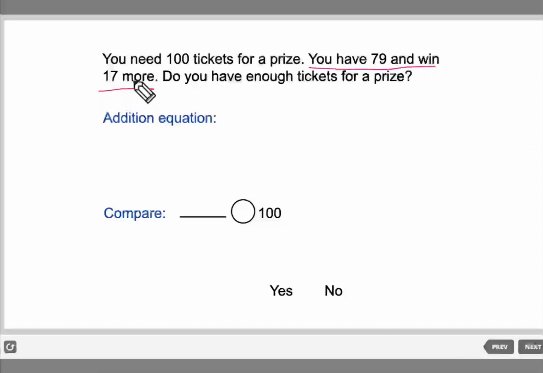Do you have enough tickets for a prize? So we should use addition to find how many tickets you have now. So we add the 79 that you have plus the 17 that you won.